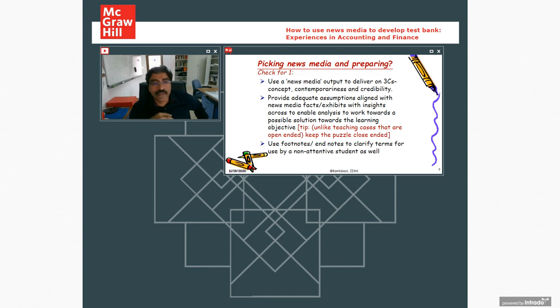So when you are making use of news media, try to make the puzzle, that is the test which you are preparing, as close-ended as feasible. It should have one response which can be easily argued out and rationalized using the assumptions and the concepts which you want to test.